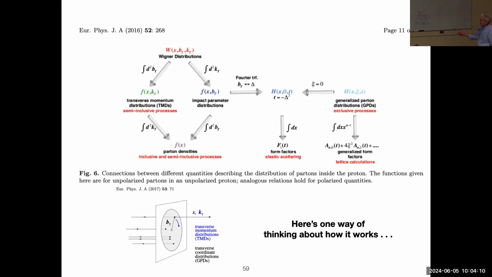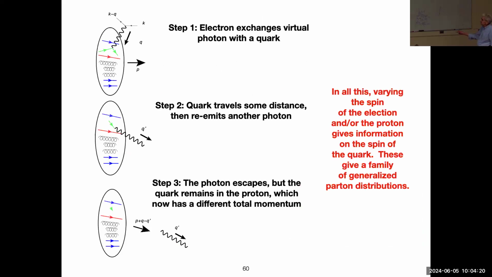So now you've seen all the distributions that are necessary to describe the various aspects of QCD and proton structure we've discussed. And so this is what DVCS looks like in some sense. Step one, the electron exchanges a virtual photon with the quark.